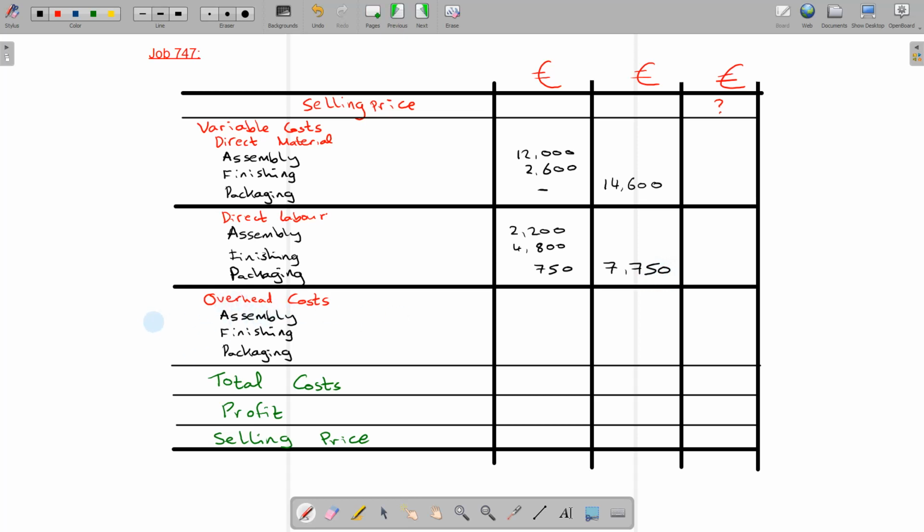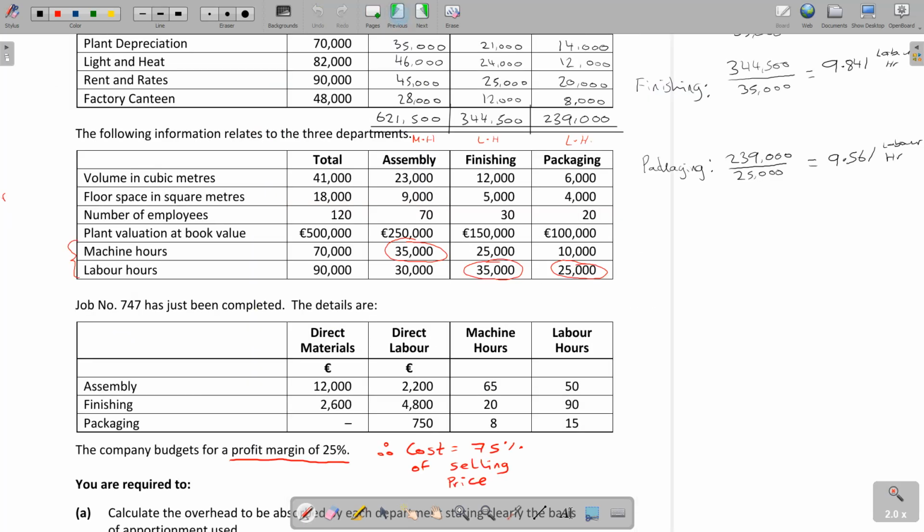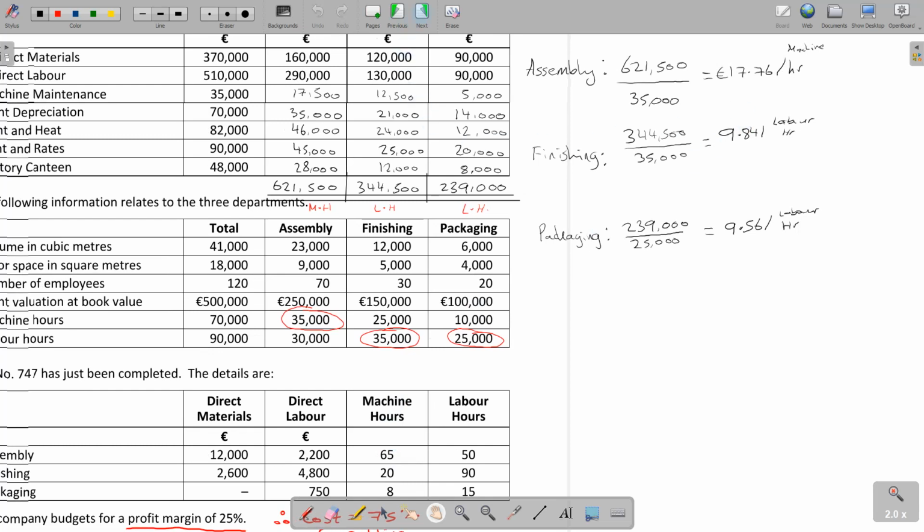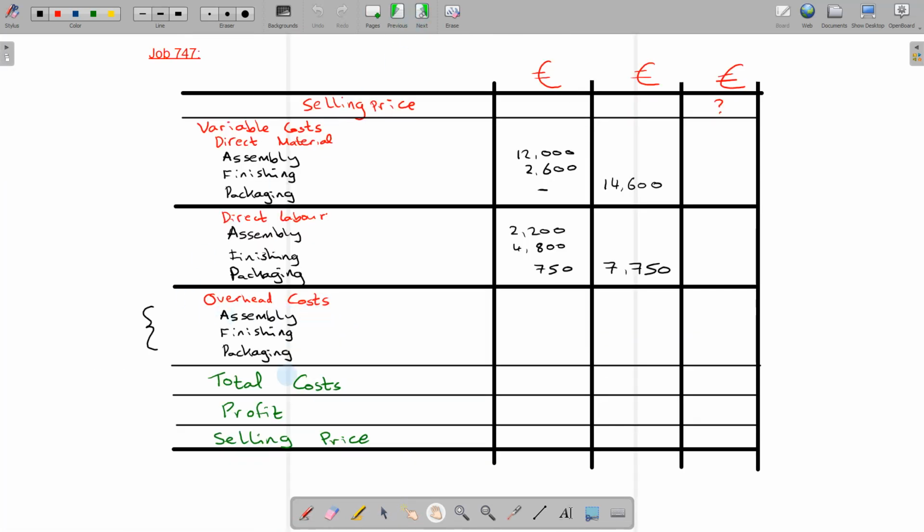Now, the overhead costs are all based on our rates. So we're going to have 1776 multiplied by the amount of machine hours we need. So 65 for assembly at 1776. So 1776 multiplied by, was it 35? 65.